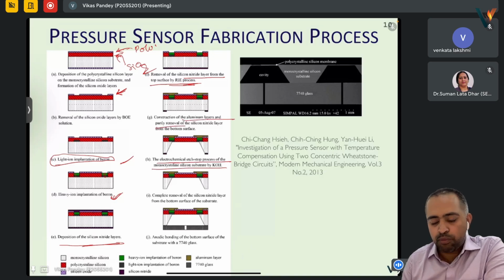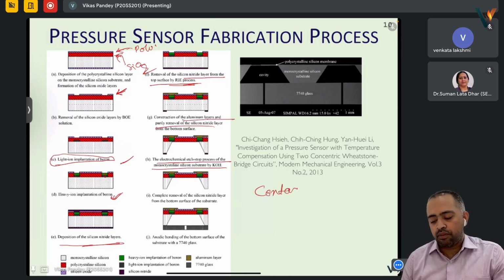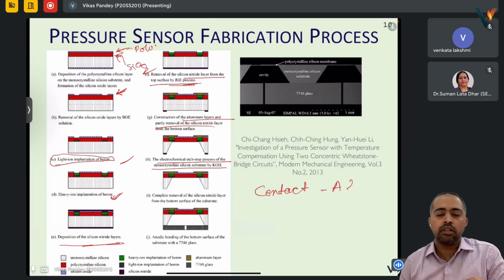Aluminum layer is deposited. So for these contacts they are using aluminum. So the resistance is of polysilicon, boron doped silicon, and then the contact is of aluminum. So we will check conductivity from these aluminum pads.